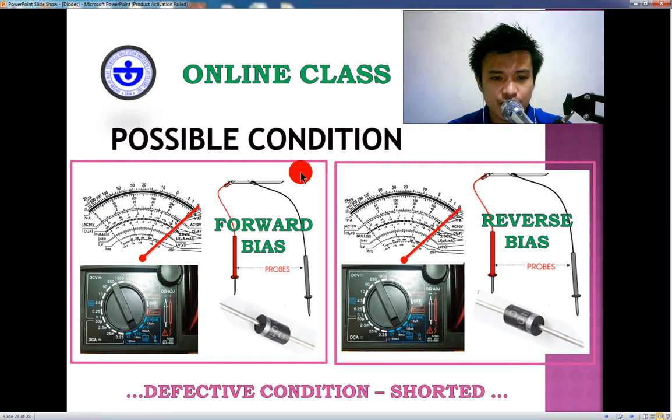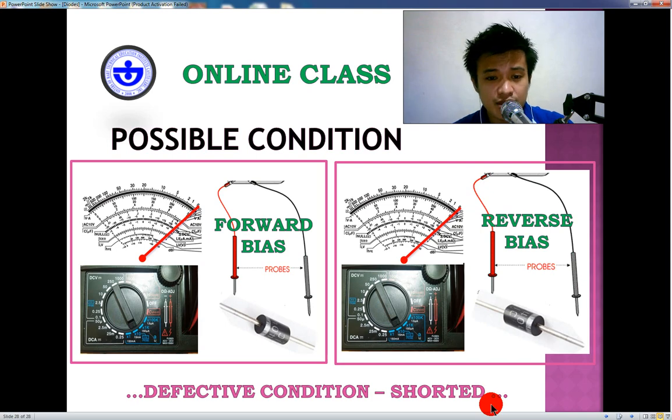Lastly, the last condition that we have: when you get a reading of 0 ohm in forward bias, as well as 0 ohm on reverse bias, the condition is defective, and that is categorized as shorted. It means there's already a direct connection from one leg to the other leg. So the principle of your diode is no longer there because it can no longer block the flow of current in reverse direction.